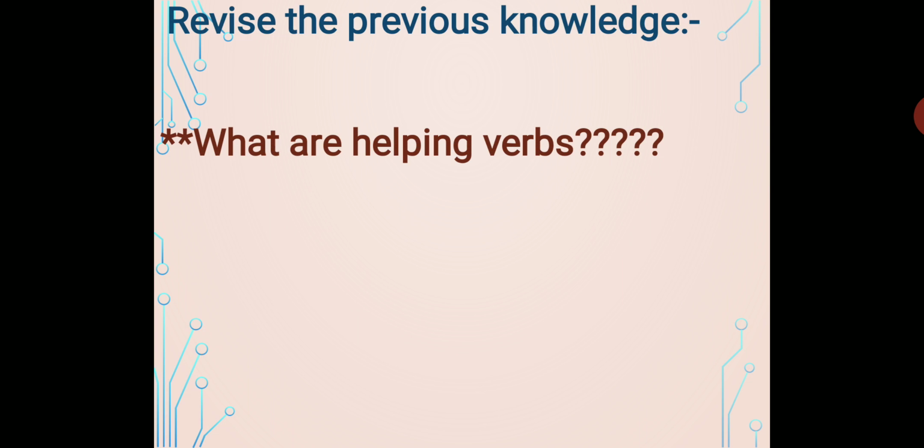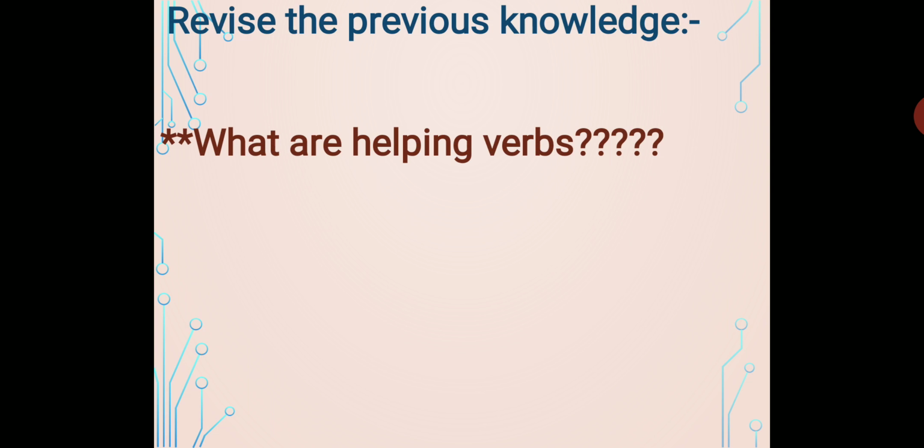As we know, this lesson is related to our previous lesson number 12, verbs. And we know very well that a verb is an action word. It is also called a doing word because it indicates what the person does, what the action done by the noun is.